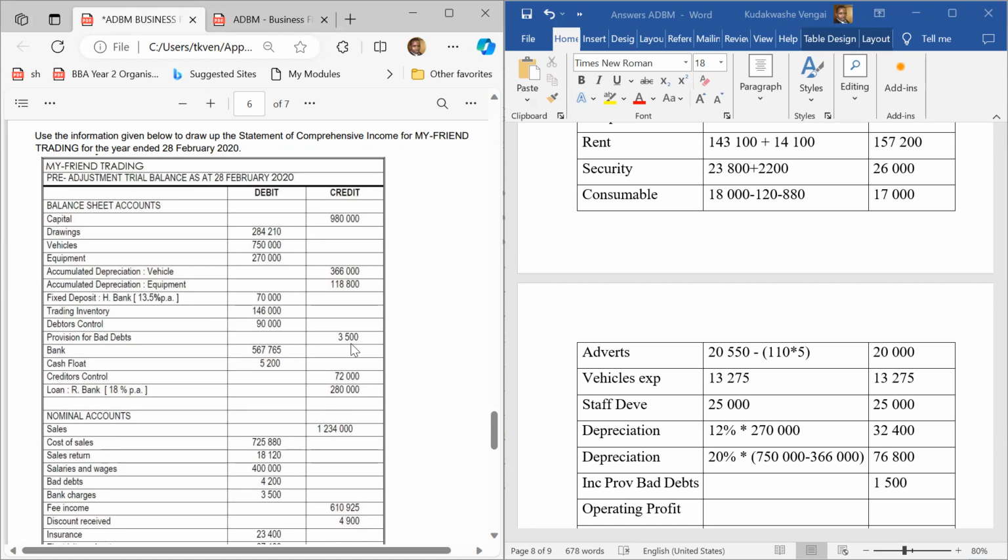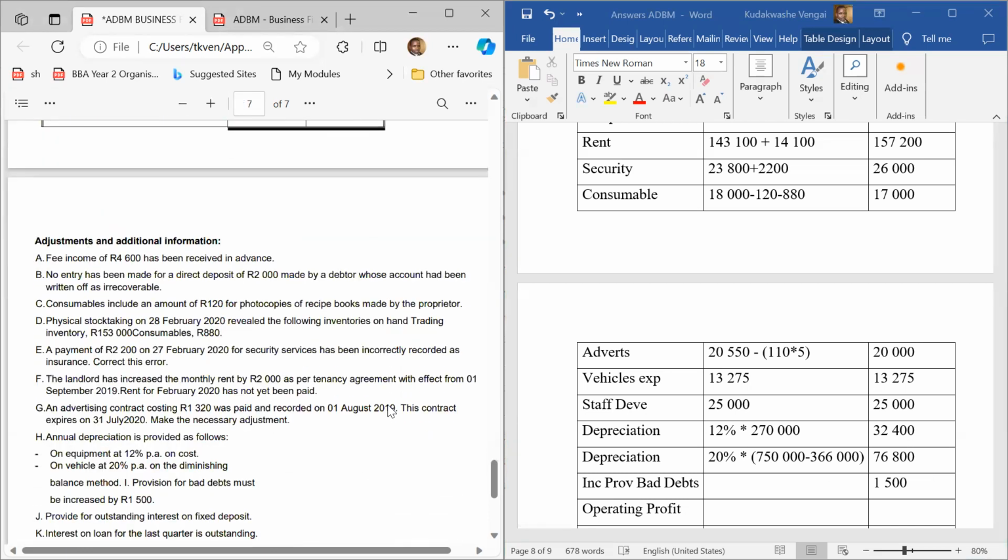This actually means that when you go to the statement of financial position, the balance sheet, this account is now 5,000, because it is the 3.5 that was already there, plus the change, which is 1.5. That's if you're doing the balance sheet. But in the income statement, you only want the change, the amount of increase that has happened, which is 1.5.